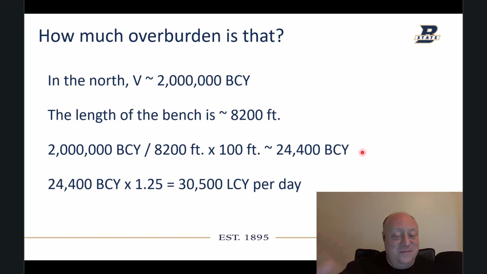We take that 2 million bank cubic yards, which we calculated in the previous lecture, divide by 8,200 feet and multiply by 100, and you're looking at about 24,500 bank cubic yards, right? Then taking into account the swell factor, that's about 30,500 loose cubic yards per day that have to be moved, right?